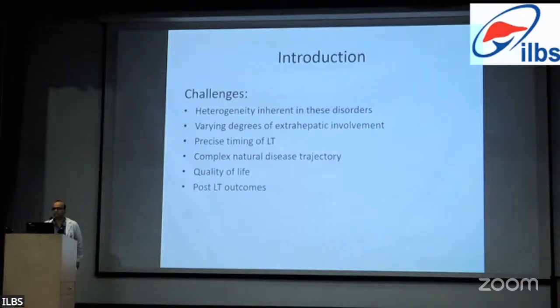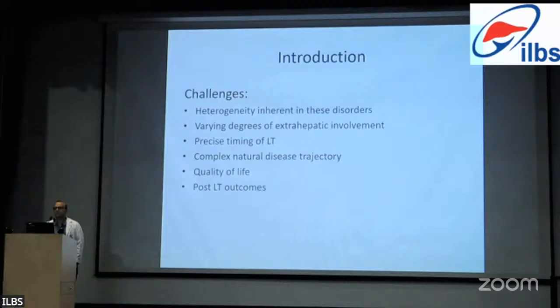There are definite challenges when we evaluate or undertake a child with inborn error of metabolism for transplant. First is the heterogeneity inherent in these disorders, the way they present, limited to liver with extrahepatic manifestation, the impact of liver transplantation on the disease progress, whether there is recovery from the neurological complication, whether they will progress or they will remain like that.